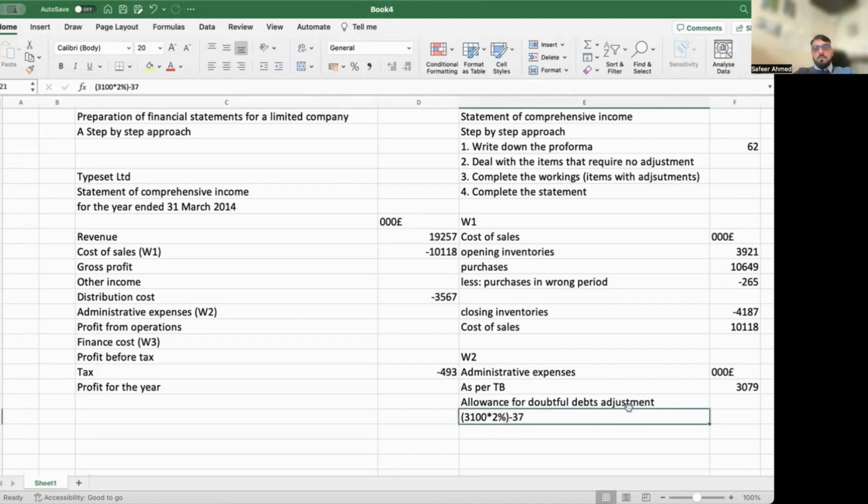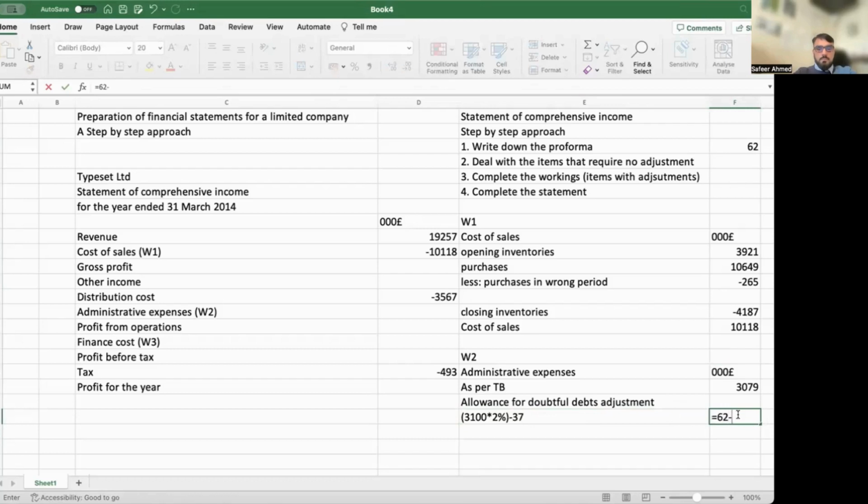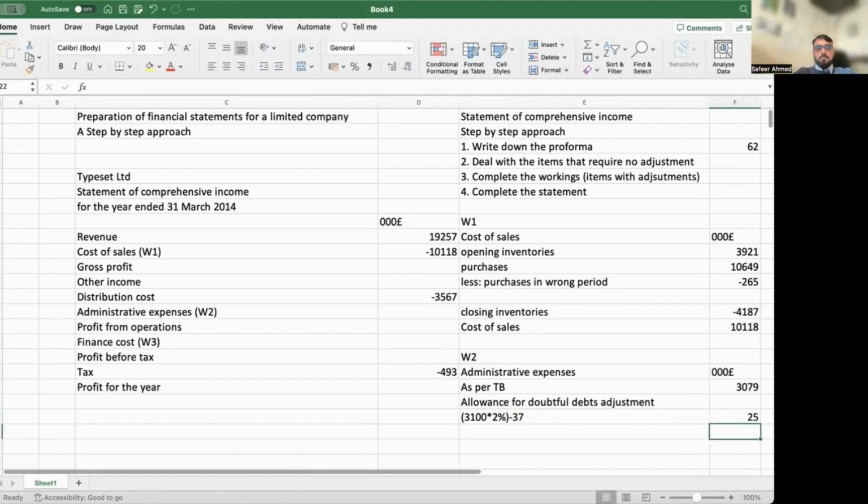So in other words, 62 minus 37, which gives you 25. If you add these two together, this will give you the amount of the admin expenses, which is 3104. So we can write that here as well.